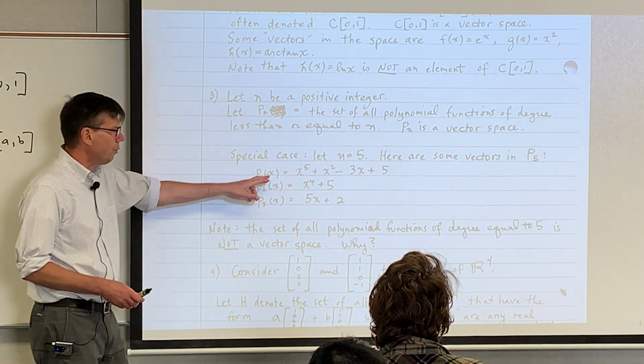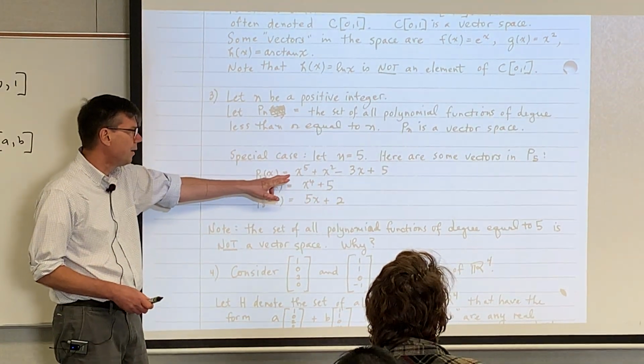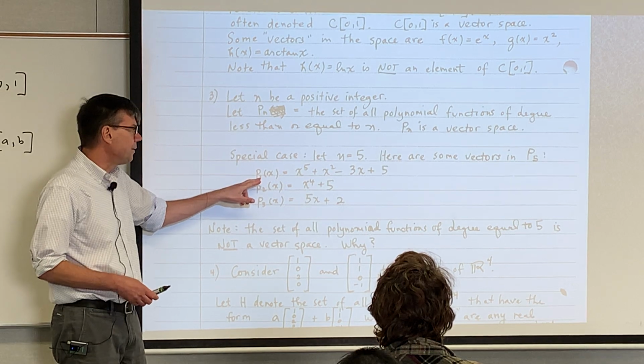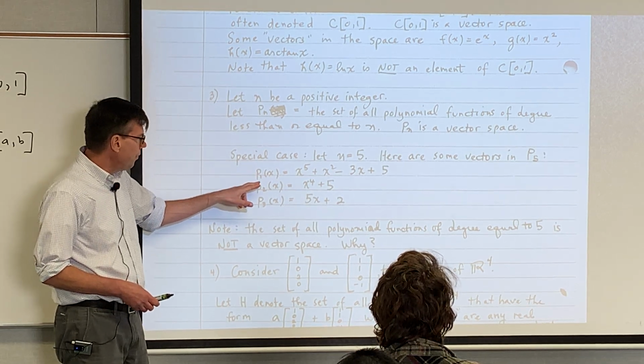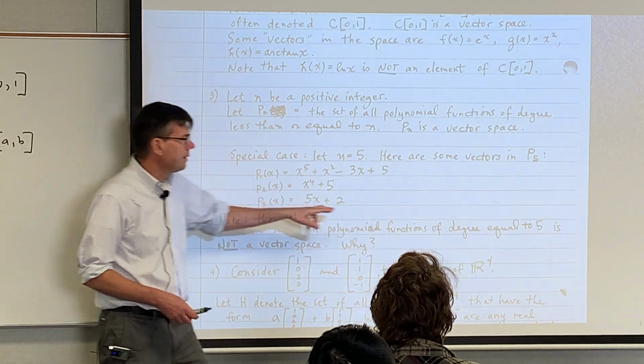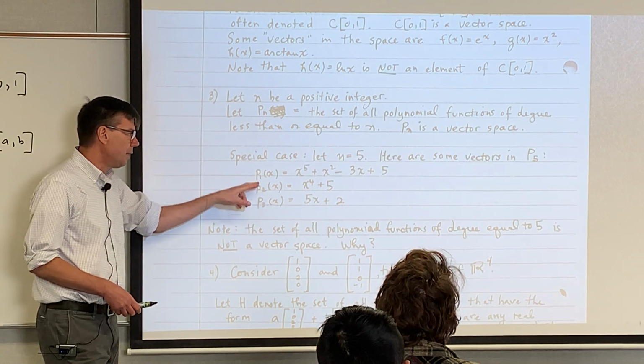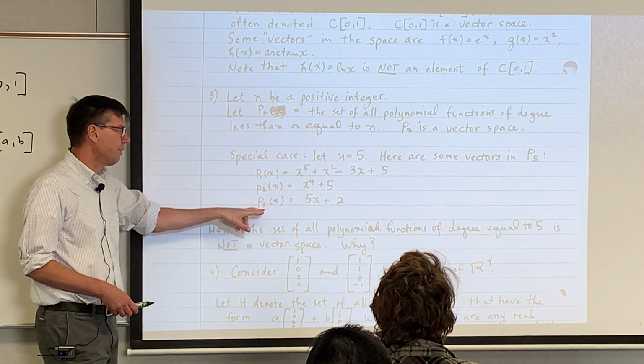You're familiar with what a polynomial function is. Here's an example of a polynomial of degree 5. I just call it p sub 1, because now this subscript is different from that subscript. Sorry, this is a capital P; I should have made that stand out more. These are small p's. This just means the first function, second function, third function.